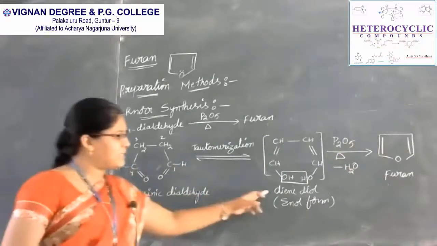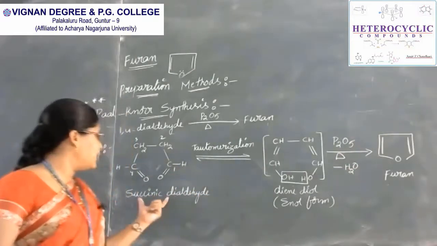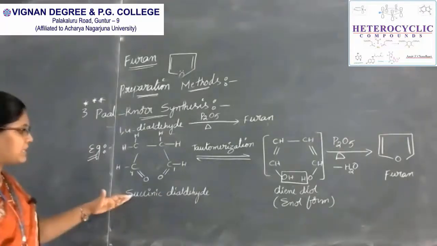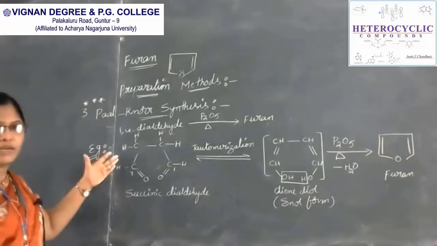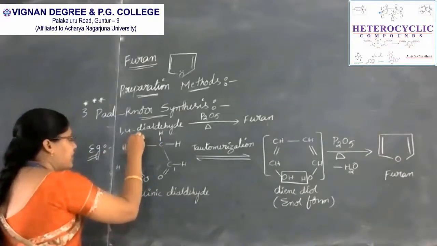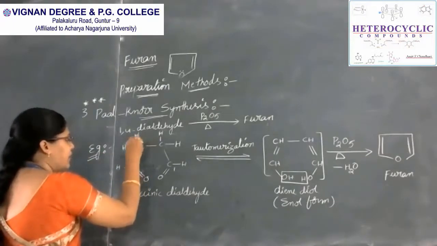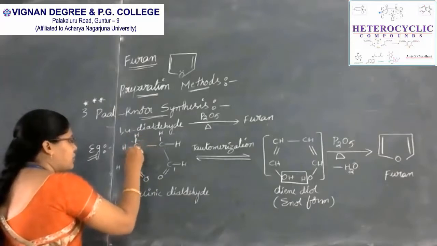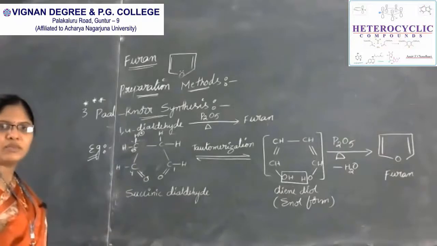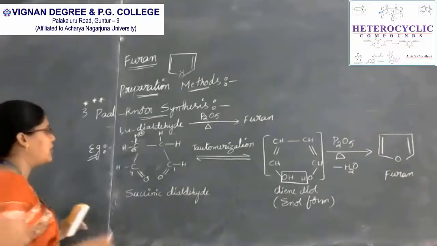How will you get this dienediol from this succinic dialdehyde? See here, this is succinic dialdehyde. You can also write like this. The bond between carbon and hydrogen is broken down. Carbon gets a negative charge and hydrogen gets a positive charge, because carbon is more electronegative than hydrogen atom.